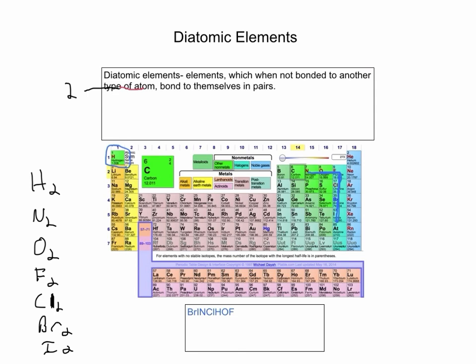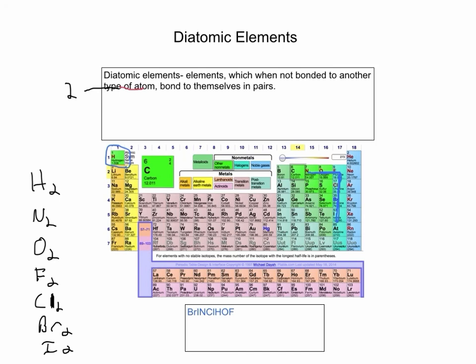And these are elements, so if I said I react something with fluorine, and I'm writing a chemical reaction, because fluorine is a diatomic element, I have to write it as F2. If I was reacting something with hydrogen, I can't just write H, I would have to write H2, because these elements always pair up when they are not connected to any other atom.